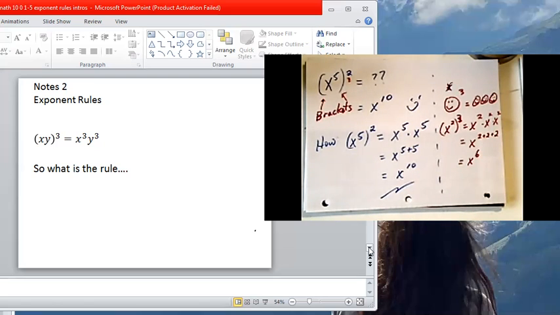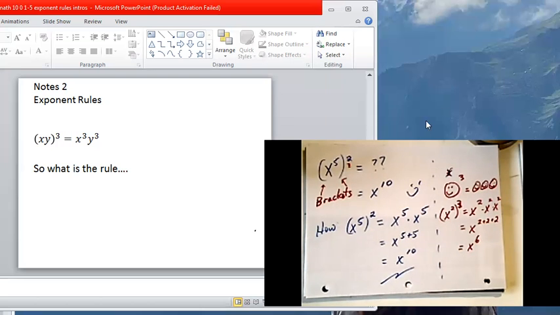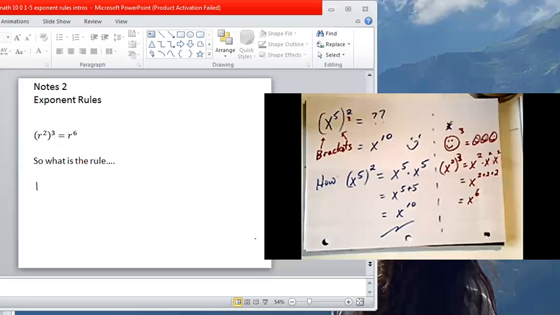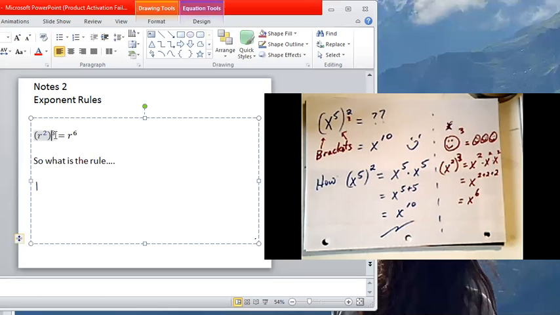So the rule for this, when we have a number inside the bracket and a number outside the bracket, we add?